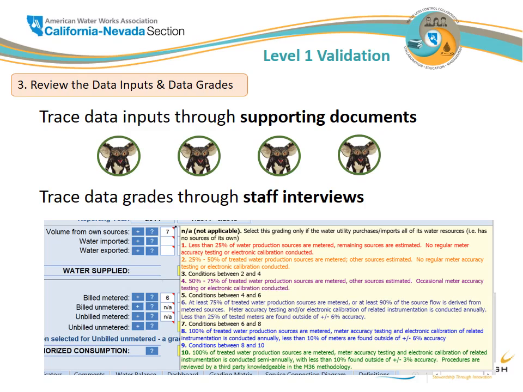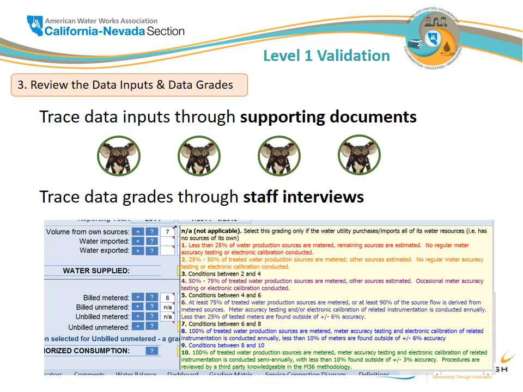Some of that can be gleaned from supporting documents, but by and large, interviews with the experts at the utility in that department are going to be the source of that information. So keep that in mind as you're walking through this process.